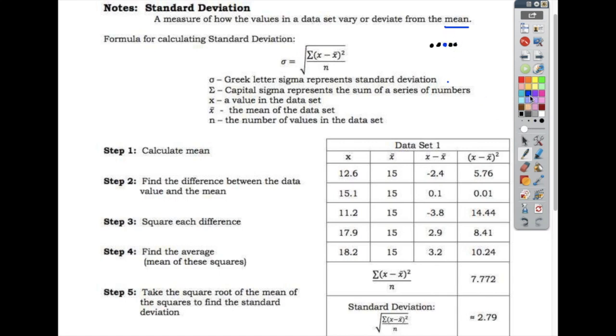But let's say here's our mean, and then we have a data set where the numbers are kind of all over the place, and they're really far away from our mean. Then we would have a standard deviation that is bigger because those numbers are more spread out and they are further away from the mean.